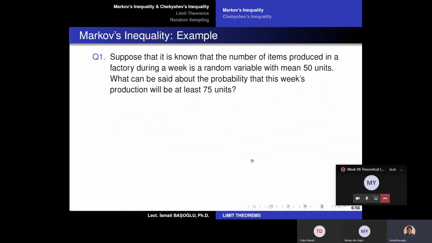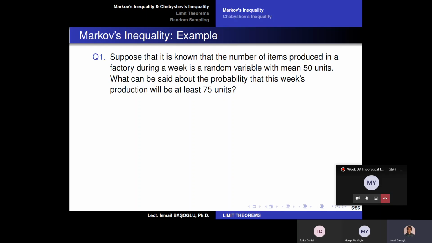Now let's practice this. We are asked a question here about Markov's inequality. Suppose that it is known that the number of items produced in a factory during a week is a random variable with mean 50 units. Okay, so in this production line, we are trying to manufacture products, but from week to week, the values are changing.